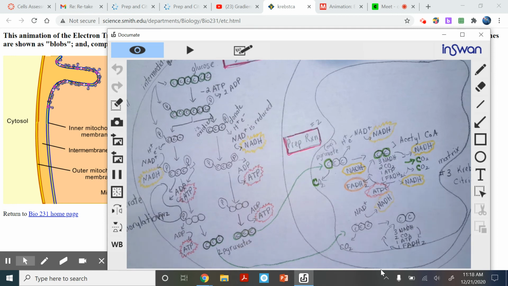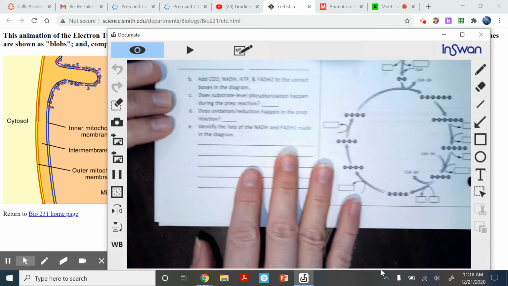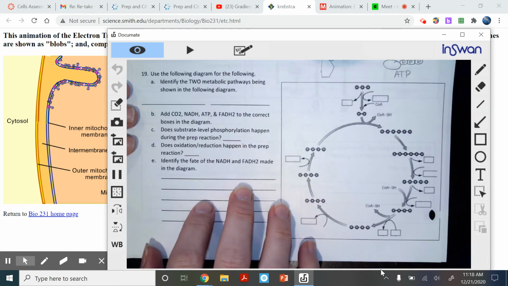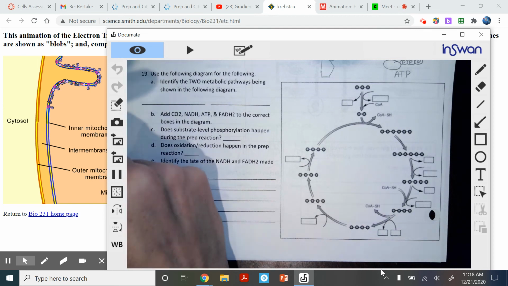All right. How about, let's do this. I didn't do this one. This is the very last problem on 4.2. This is number 19. So let's just see what makes sense now. First of all, it says identify the 2 metabolic pathways being shown in the diagram above.